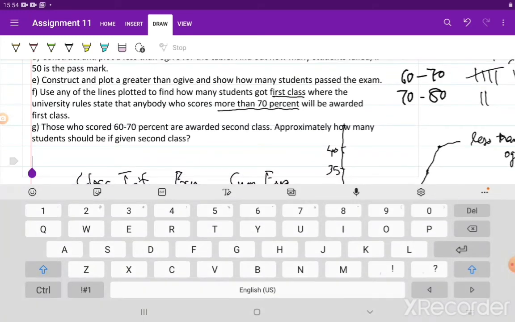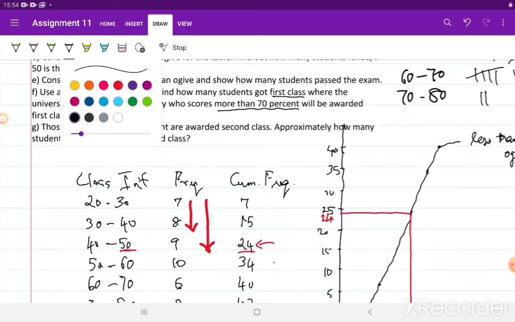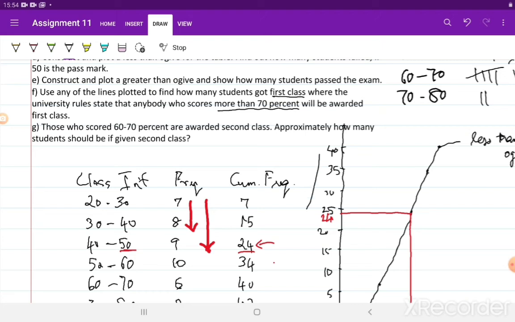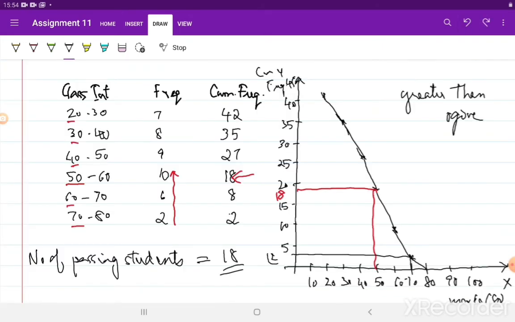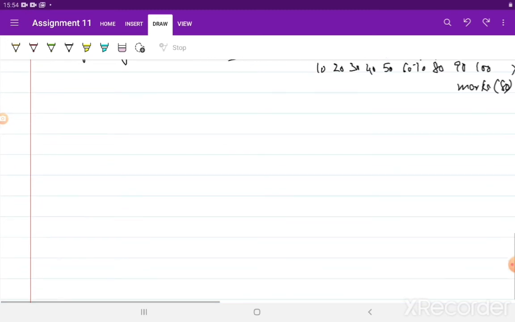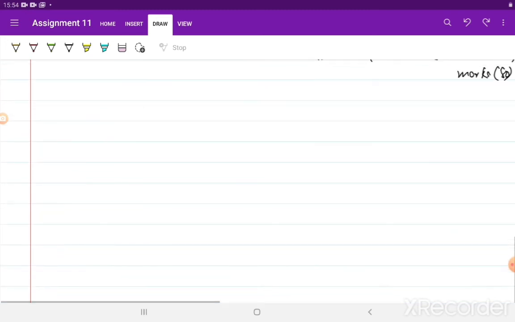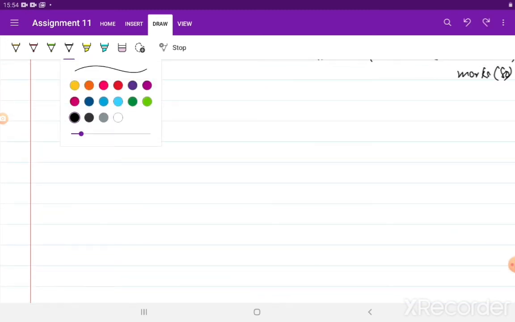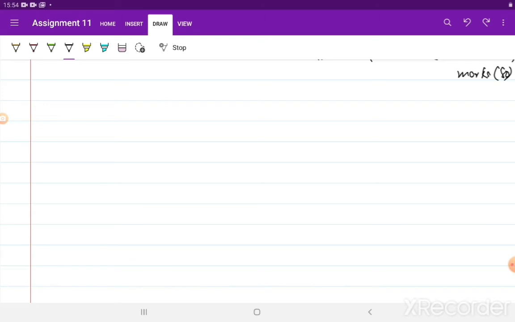So, to find how many got greater than 70%, it is obvious that I have to use the greater than ogive curve.